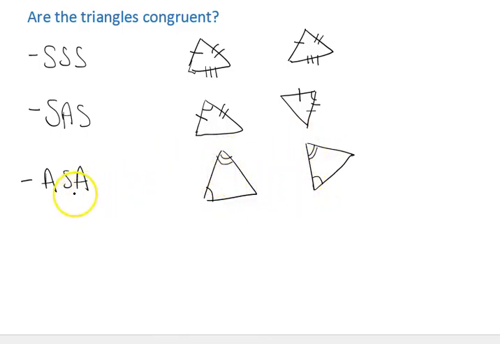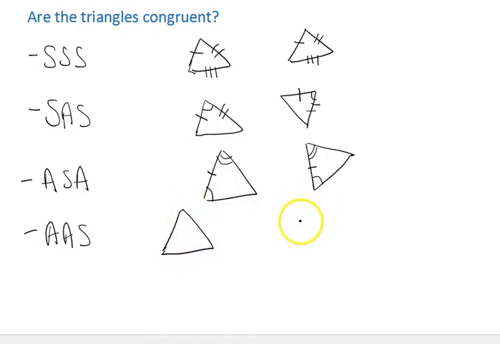They'll match up. The side that's marked has to be between those in both pictures. So it has to be in the exact same placement. Again, if you know you have angle, side, angle, then you can make the assumption that the other angles or sides that you have not marked also will match up. The next one is angle side.